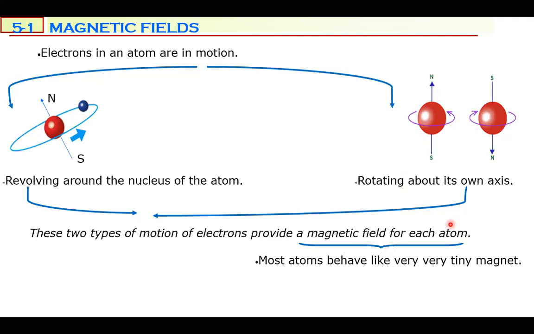In fact, there are many electrons moving around the nucleus. All these combined, and because of this motion of electrons around the nucleus of the atom, most atoms behave like very tiny small magnets with N pole and S pole.